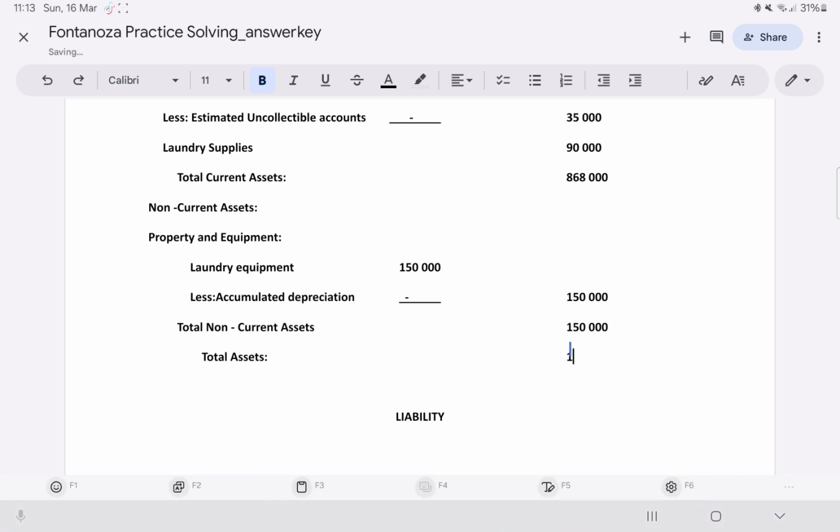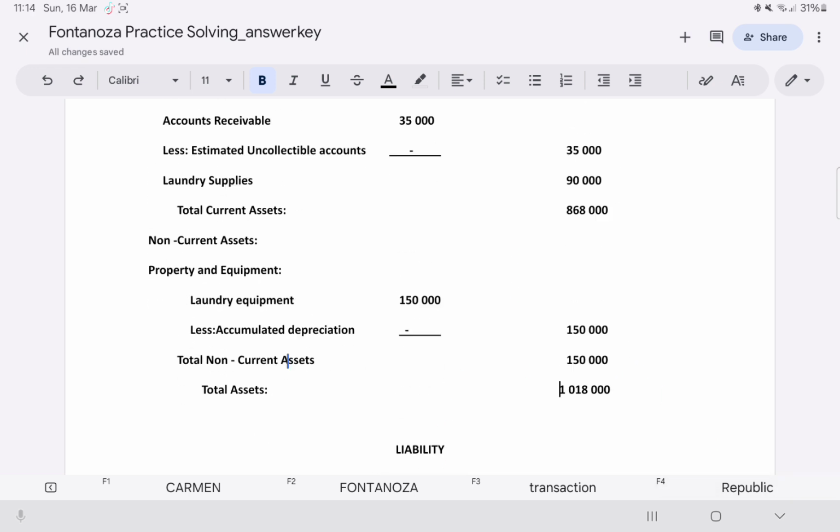The amount is 1,018,000. So that's our total assets.